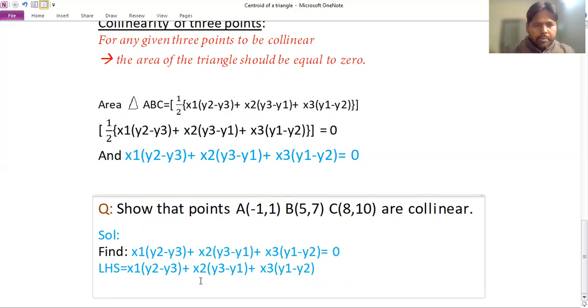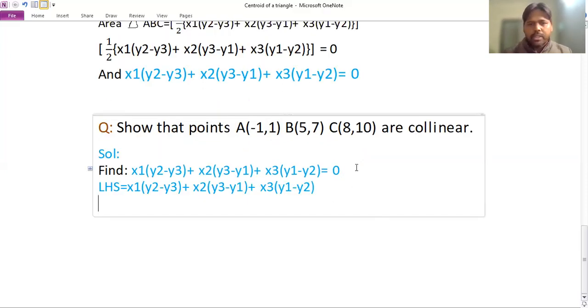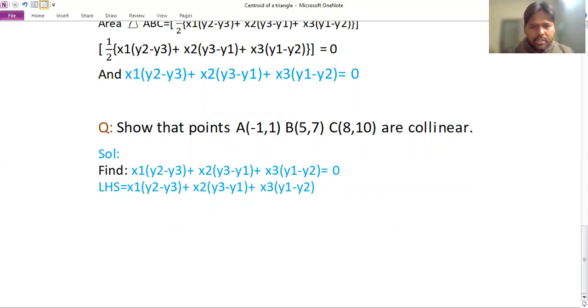Now since we have got the 3 points over here, we are going to use these values very cautiously, and then we will be equating them to 0.